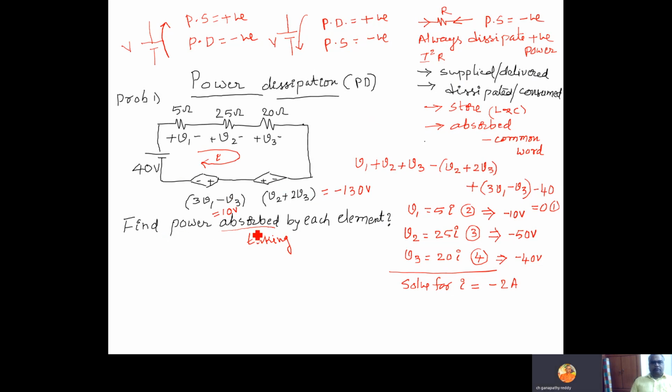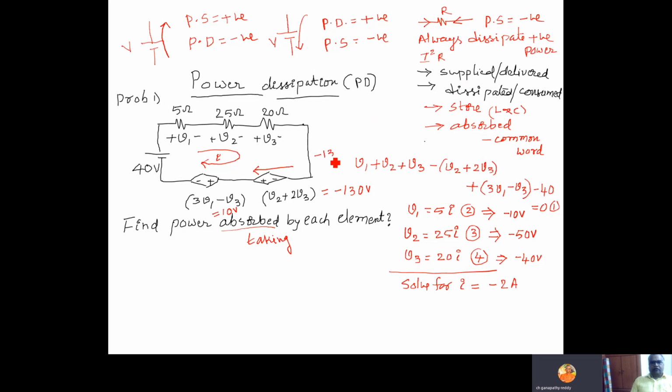Now the question is to find the power absorbed. Let us start from here. Current is flowing from negative to positive, so supplied is positive. But the question is asking for absorbed. So what is the answer here?